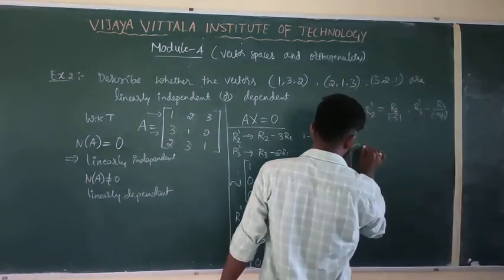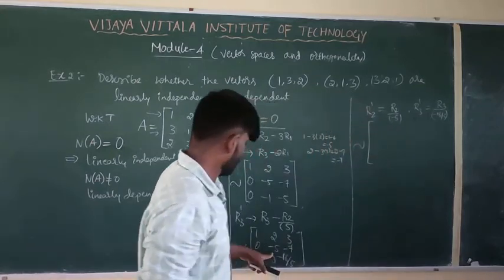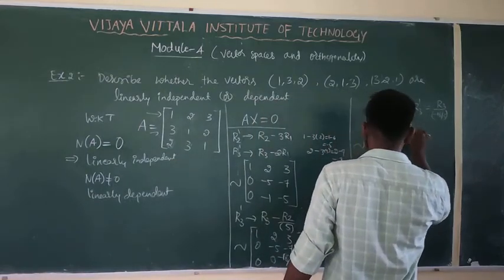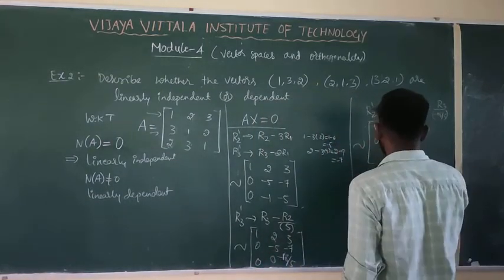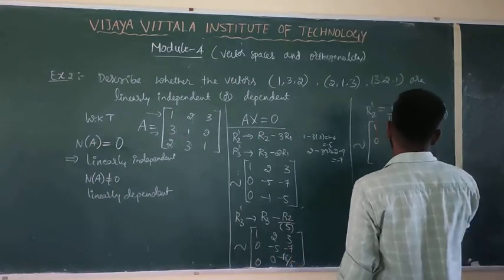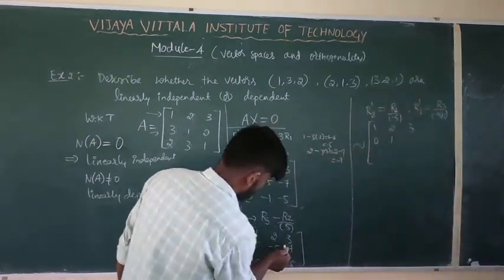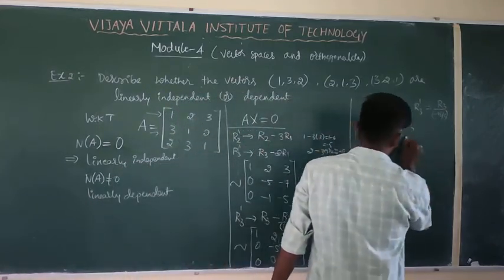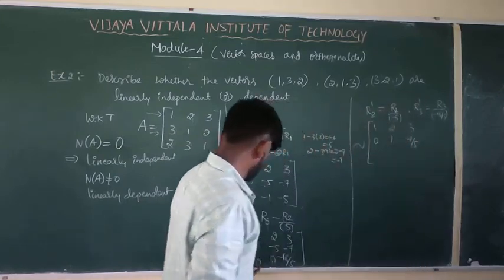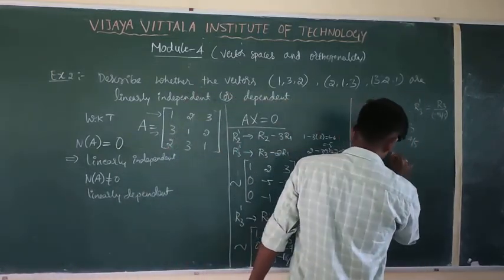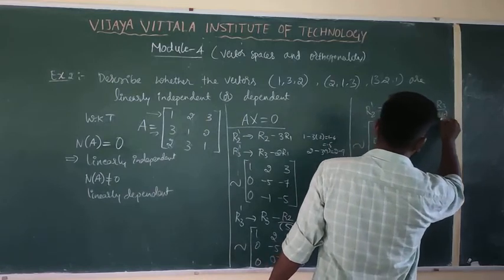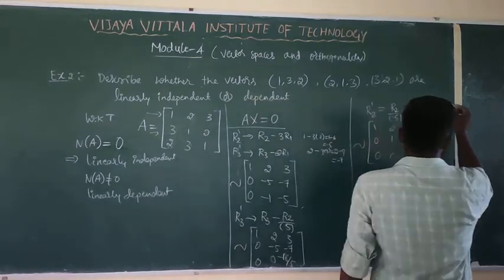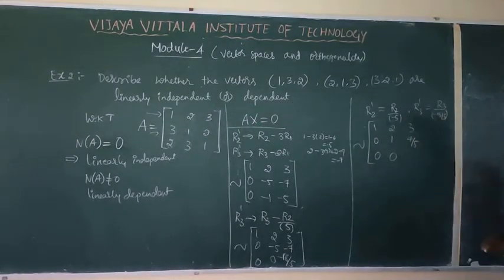Then the resultant matrix is 1, 2, 3, 0, 1, 7 by 5, where R2 by minus 5 gives 1 and 7 by 5. Here 0, 0 as it is, and R3 into 5 by minus 18 gives 1.